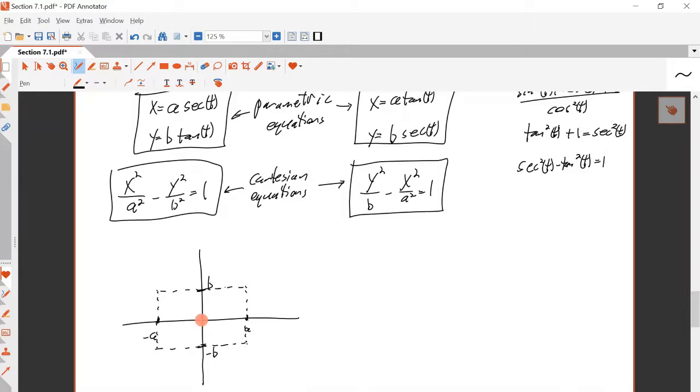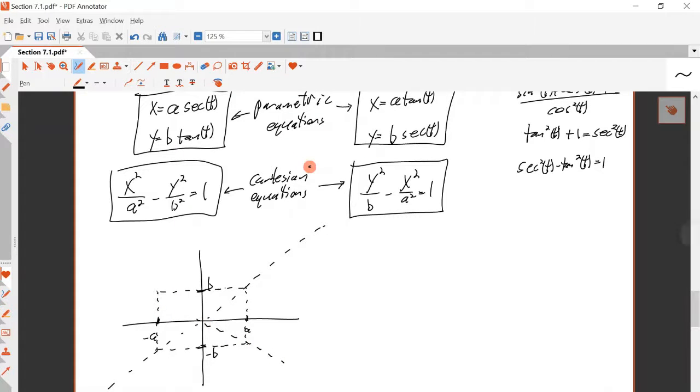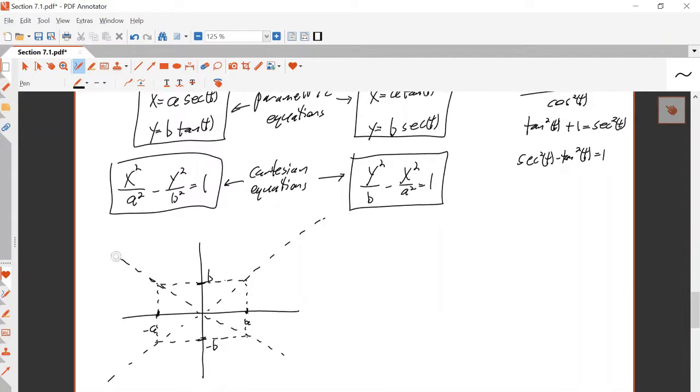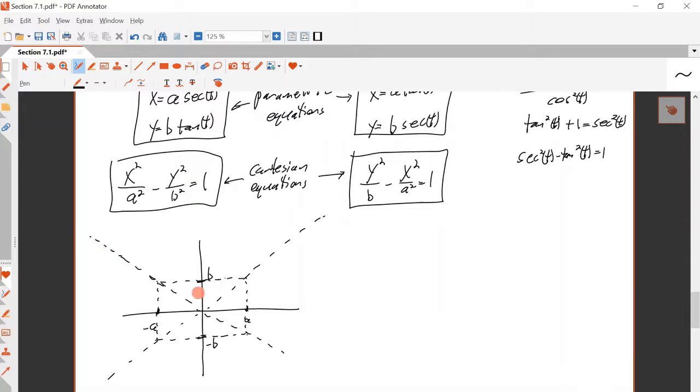And then draw these guidelines through here. Let me copy that.